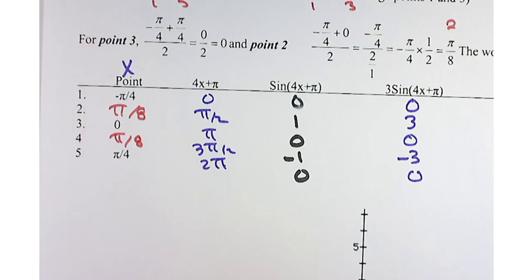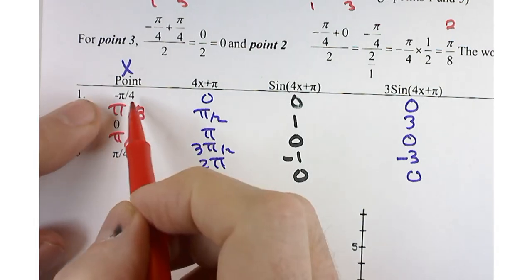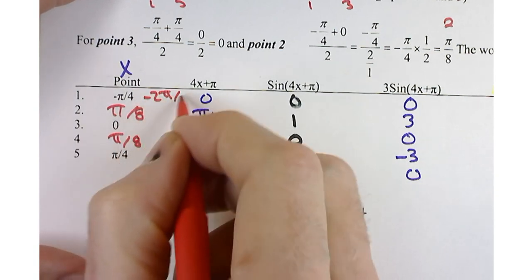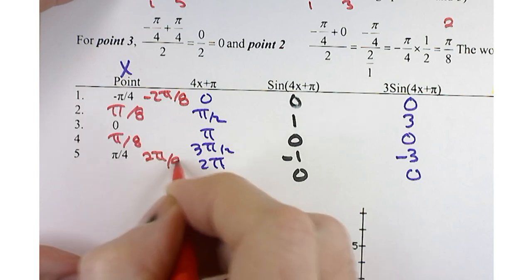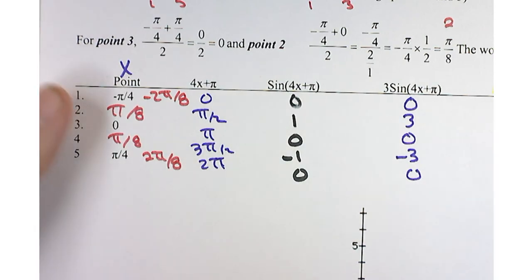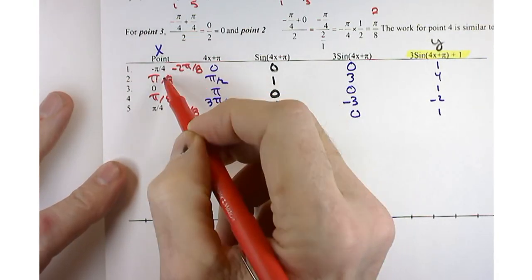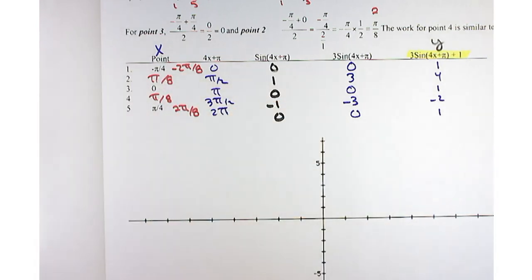And for convenience, let me just notice one more thing for us here. If I wanted to, I could write this as negative 2 pi over 8, and this I could write as 2 pi over 8. I know that's not in lowest terms anymore, but why does that help us out? Well, that means to go from this point to this point to this point to this point, we're moving the same space, right?